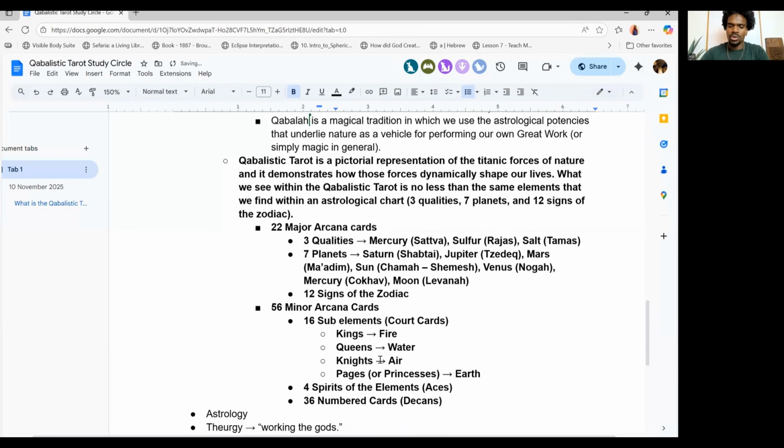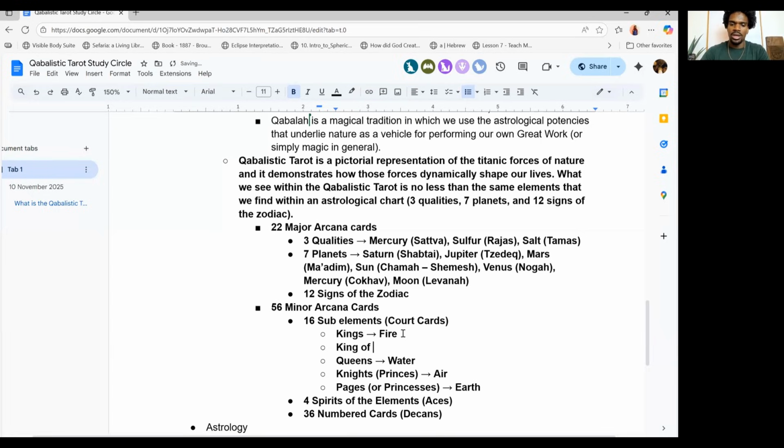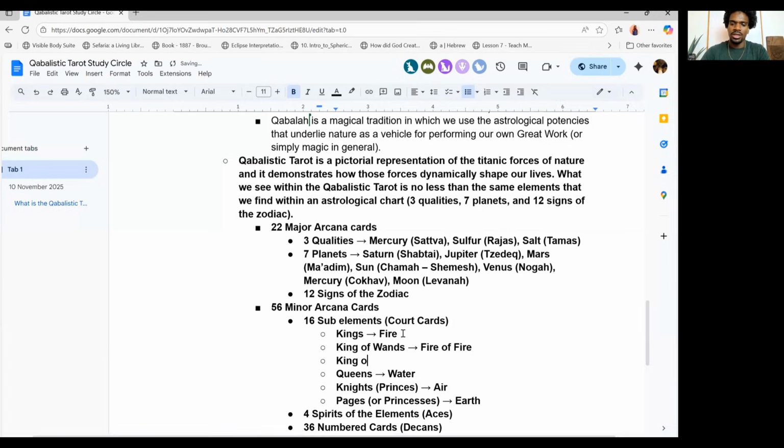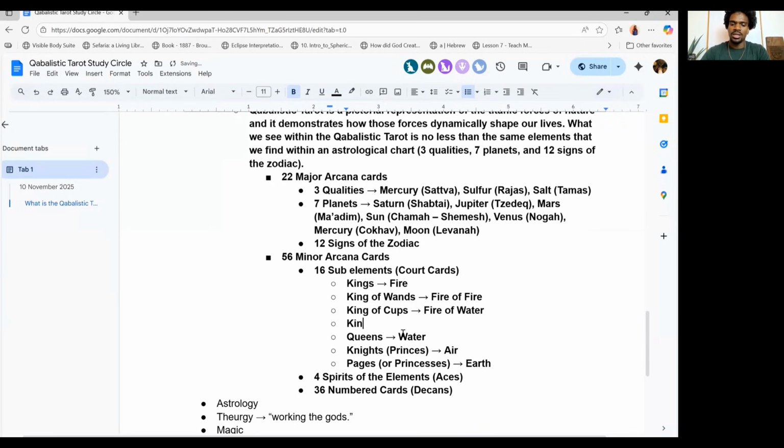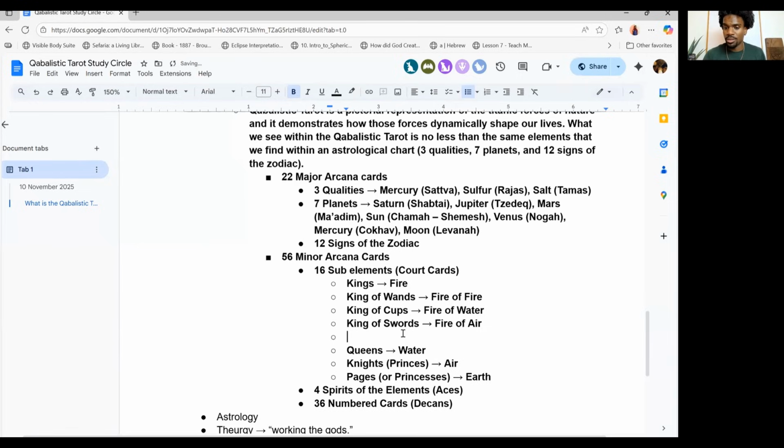And so we have the King of Wands is fire of fire. The King of Cups is fire of water. King of Swords is fire of air, or you could think of it as the fiery part of the air element. And then finally, the King of Pentacles, which is fire of earth.